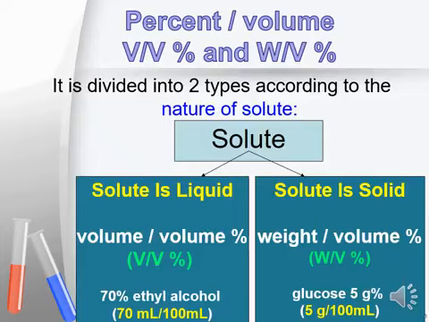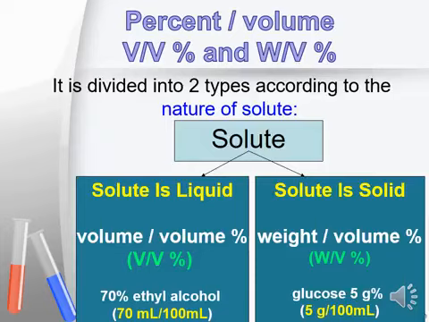So how could we prepare this 70% ethyl alcohol? We know that alcohol is liquid in nature. How to prepare 70% ethyl alcohol? I take 70 milliliter of 100% alcohol and complete it with water, 30 milliliter, to get a total solution of 100 milliliter. Here the solute is liquid.